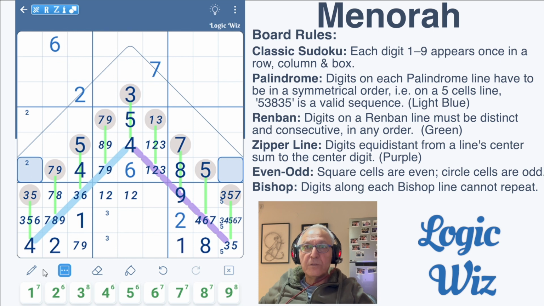Here these two cells must be 1, 2 and 3.